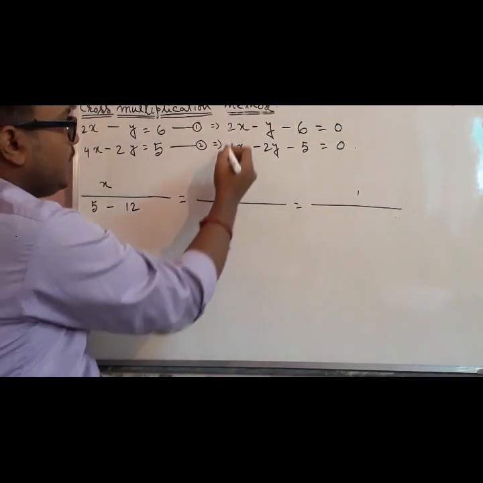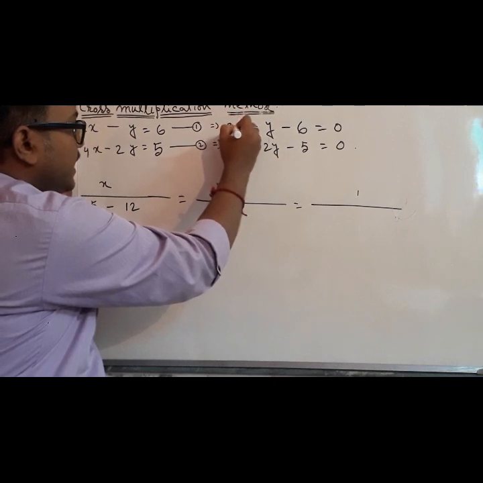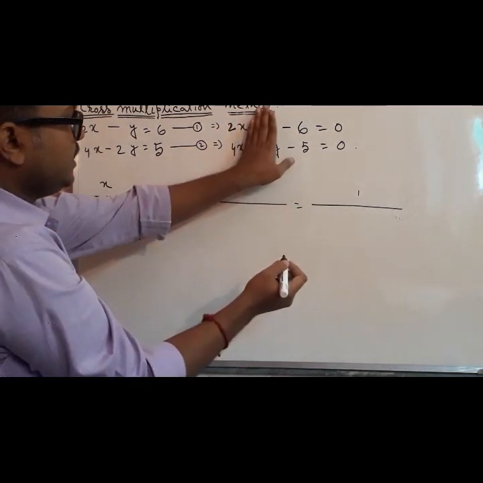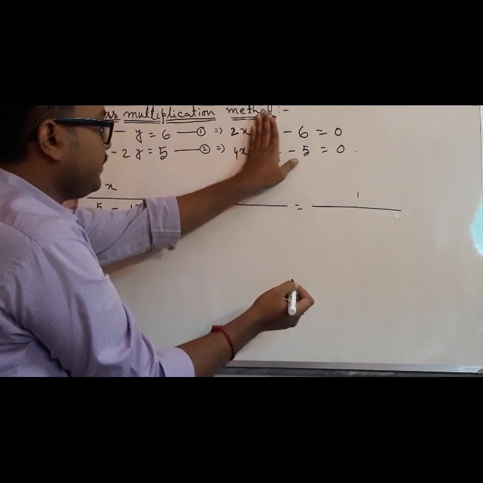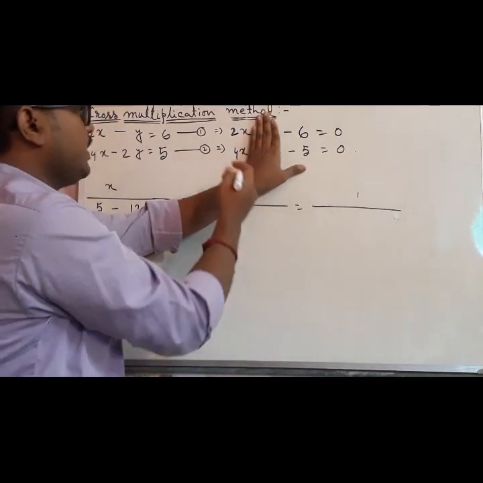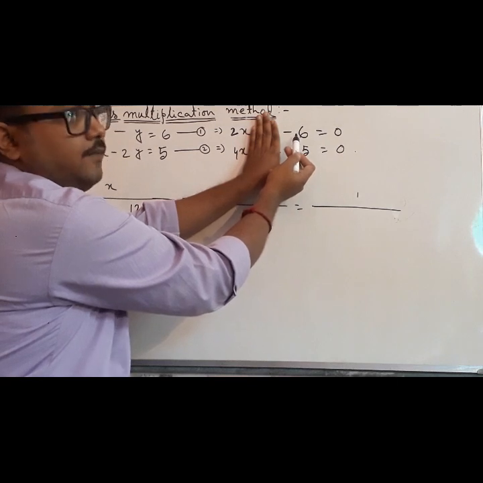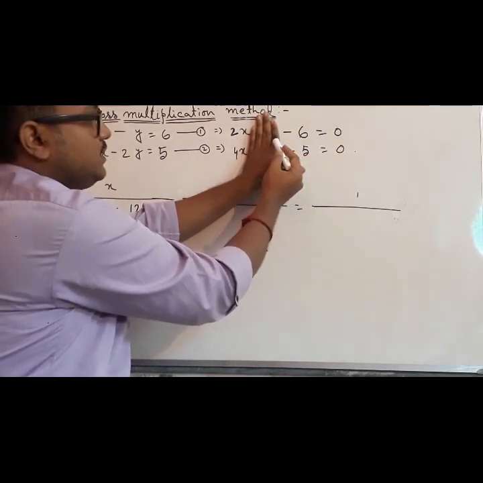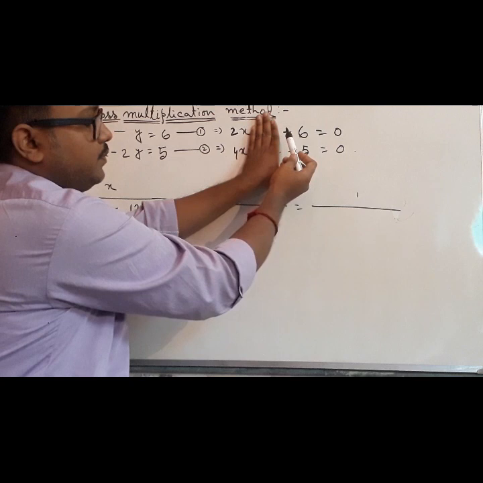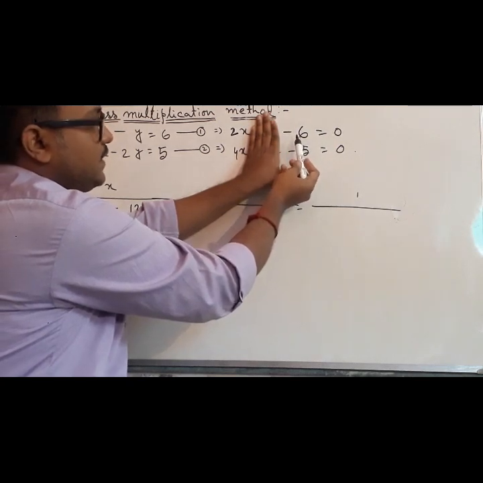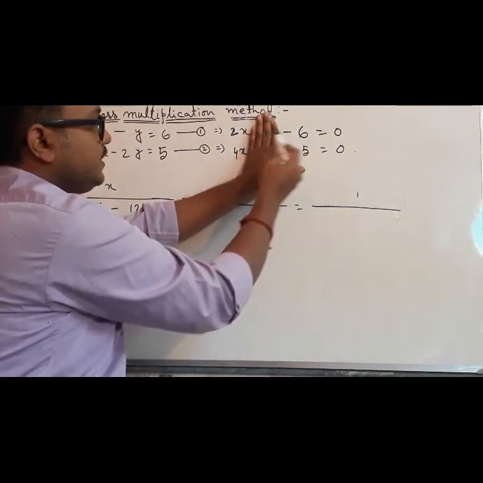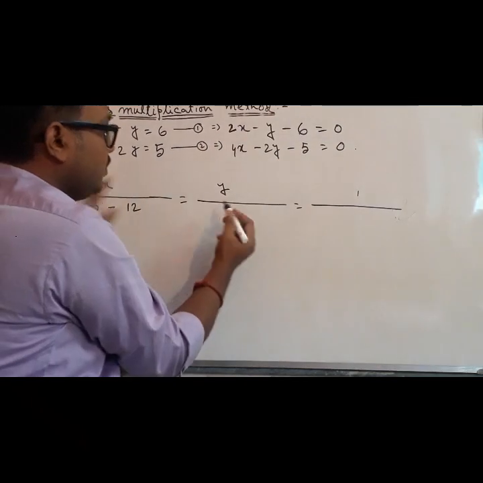Okay, then y by. When you are writing the denominator of y, you should place your left hand on y so that y is not visible. Then start from the top just after y. What is at the top just after y? That is minus 6. Minus 6 into 4, that is minus 24.